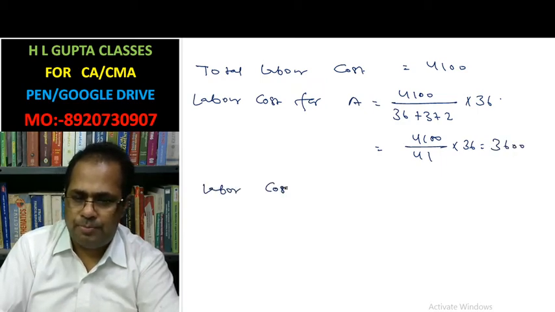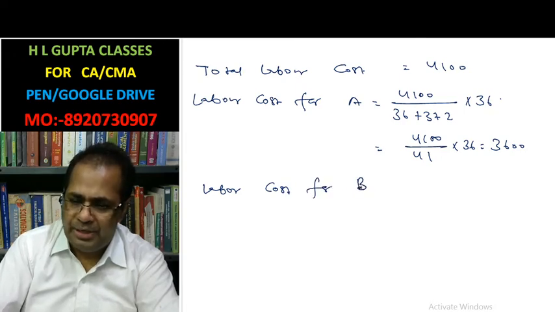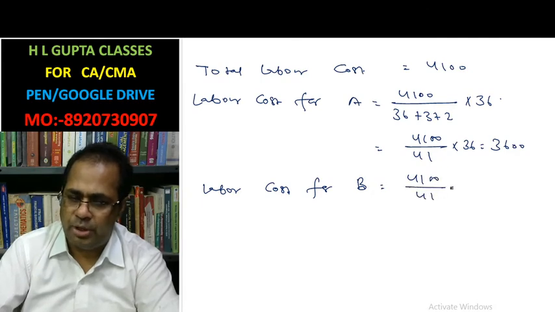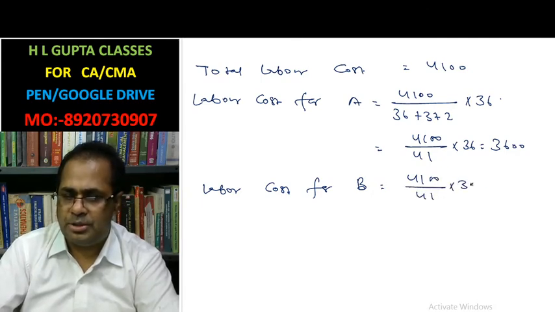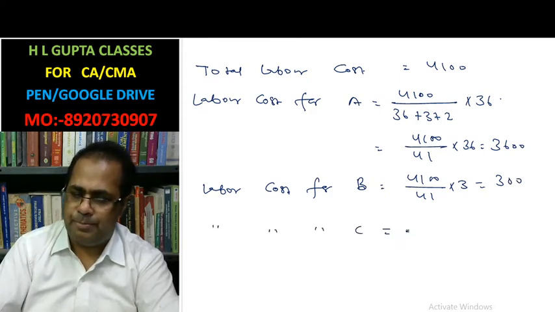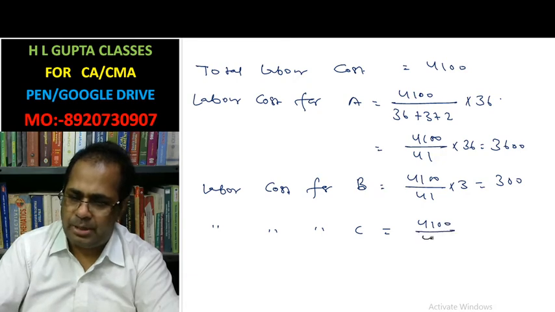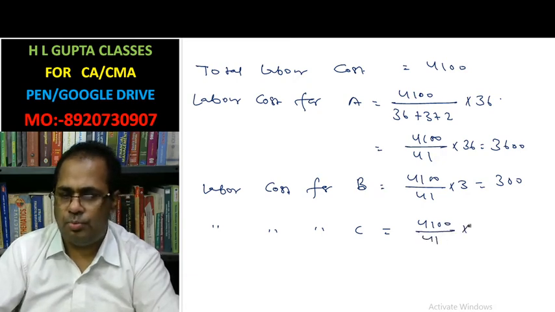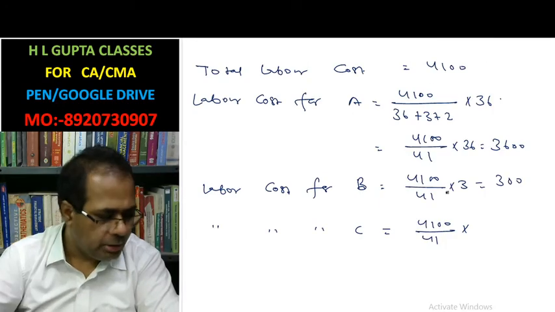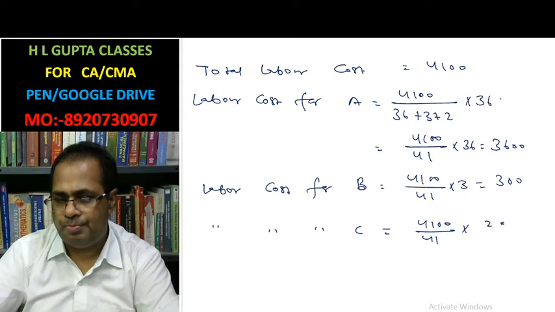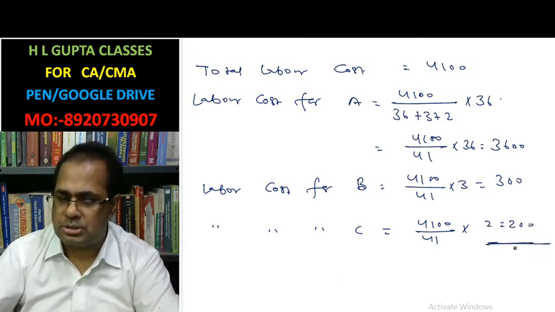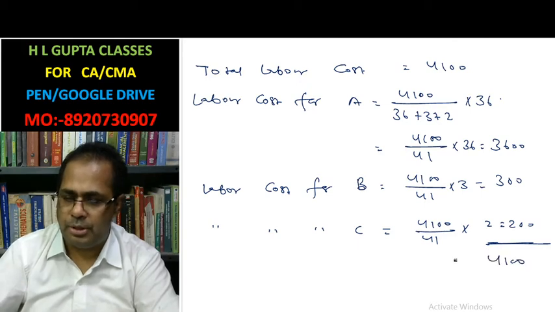Labor cost for B: 4100, that is 41 into 3, that equals 300. Labor cost for C: 4100 divided by 41 into 2, that is 200. Total labor cost you have is 4100.